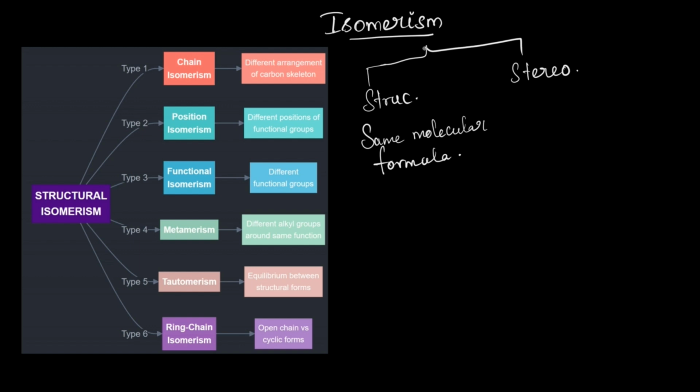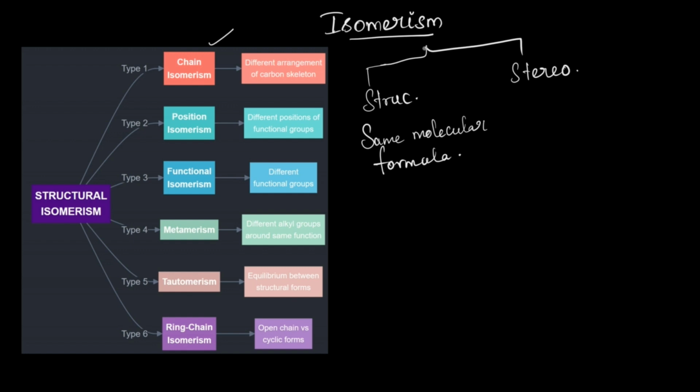So that is structural isomerism. This is further classified into main 6 types. They are chain isomerism, that is having same molecular formula but different arrangement of carbon skeleton.